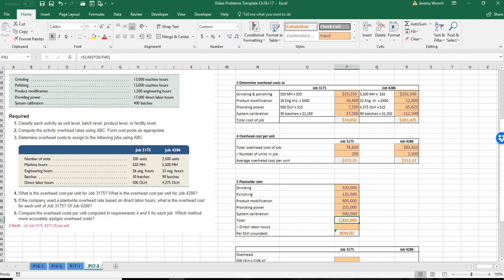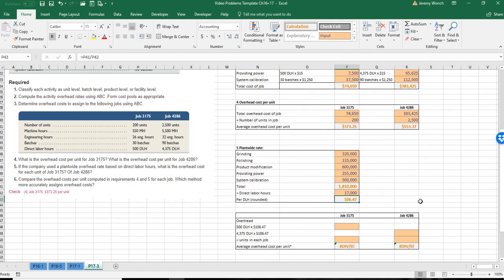We're just going to treat it all like the same cost and divide it based on direct labor hours, which is 17,000. That gives us an overhead rate of $106.47.